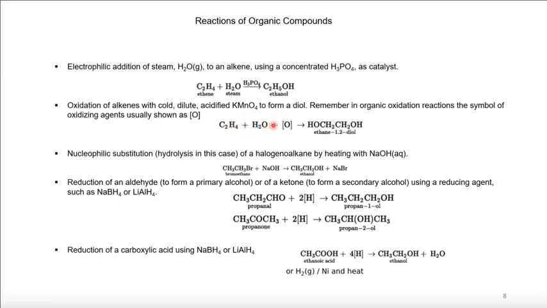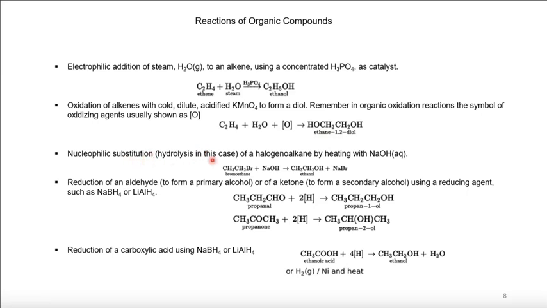This is ethene, and then we have water, and the sign says it is undergoing oxidation. With oxidation of ethene, we get ethane-1,2-diol. Remember that we said we could have two or three hydroxyl groups in an organic alcohol. So this is how we form ethane-1,2-diol.